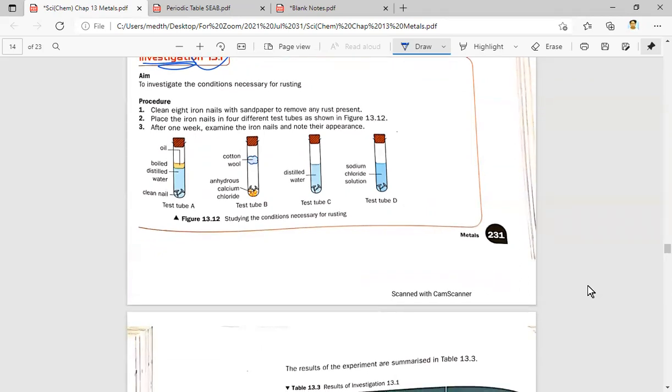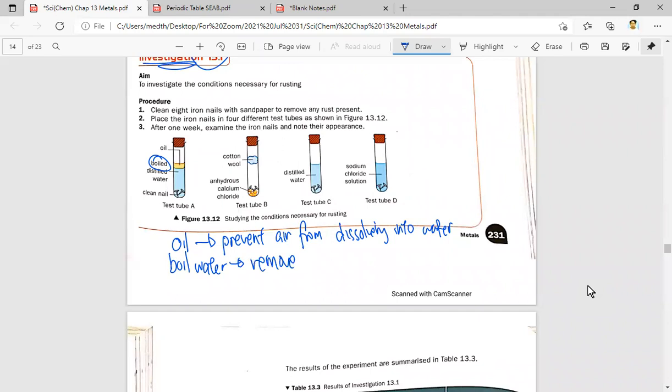First thing, oil. What's the purpose of it? It is to prevent air from dissolving into the water. So oil actually prevents air from going into the water. Next thing, why do I want to boil the water? Boiled water is actually to remove the oxygen.